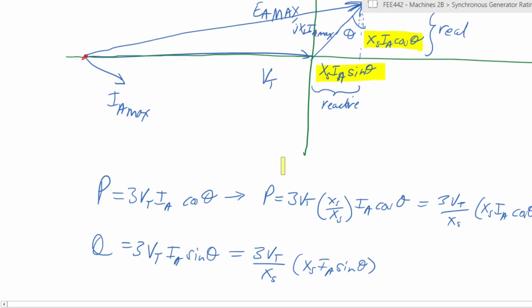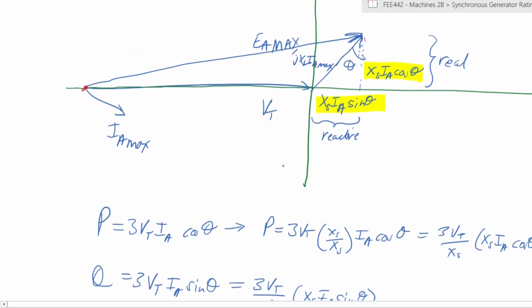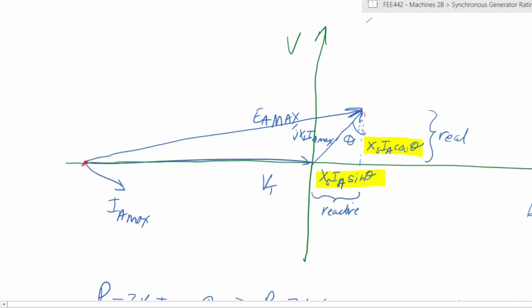So what this means now is that if you want to change this phasor diagram from units of voltage to units of power, let's say kVA or kVAR, this would be kVAR, and this would be kW, kilowatts, right?